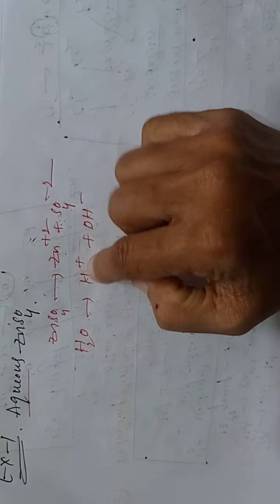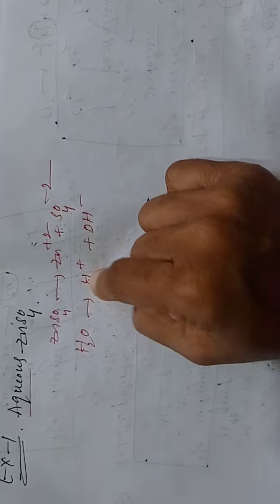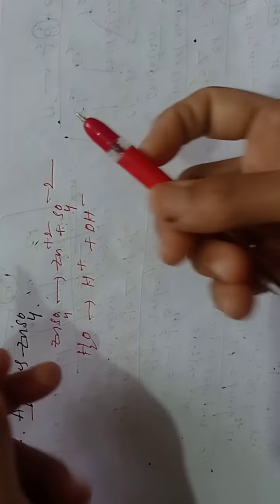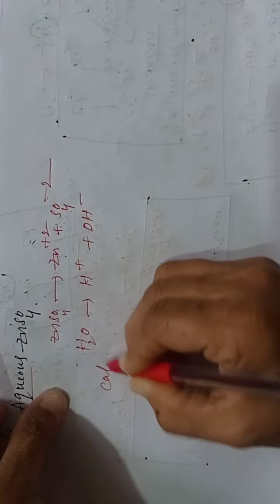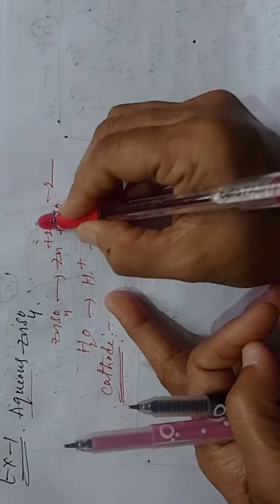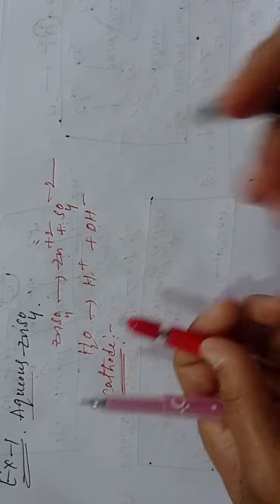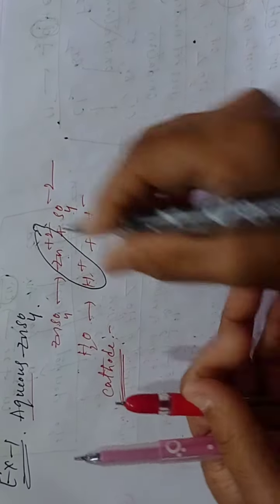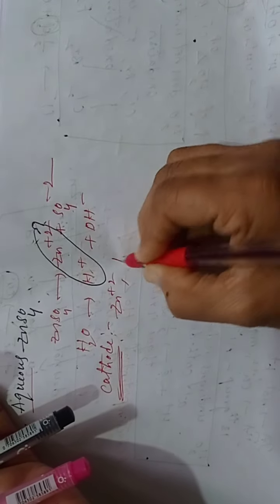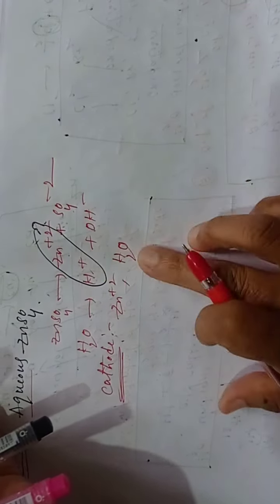Now see here, this is the water ion, and this is Zn plus 2, at the cathode. Cations move towards the cathode. So that's why I am taking Zn plus 2 and water instead of H plus.